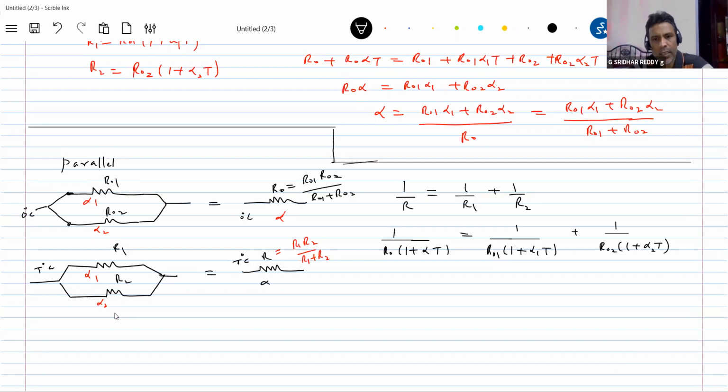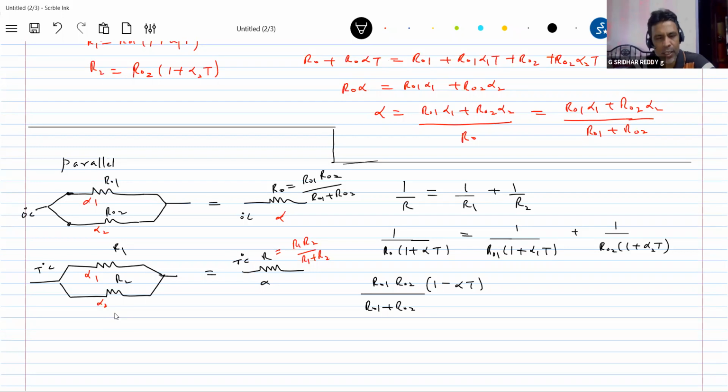So that's one equation. What is R naught? R naught equals this value, so this will be R naught 1 R naught 2 by R naught 1 plus R naught 2. Let me go for binomial expansion, because the change in temperature will be on the order of a few tens. So I'll go for binomial expansion.